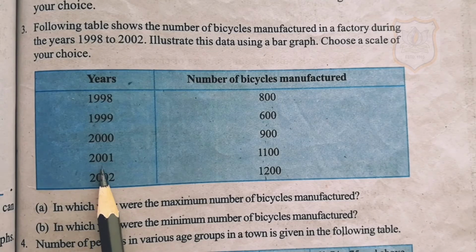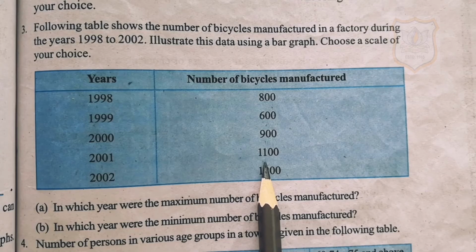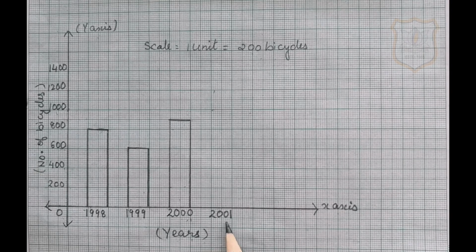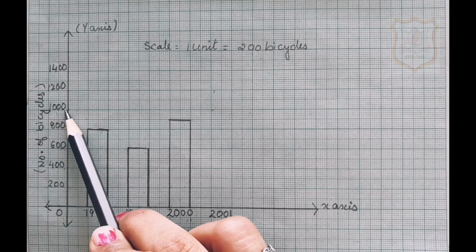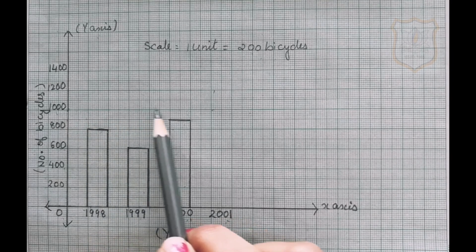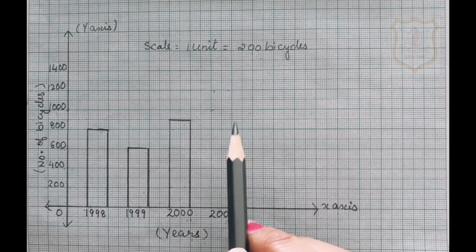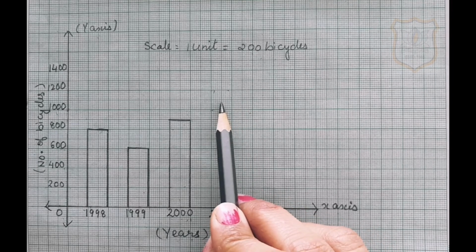In the year 2001, 1100 bicycles were manufactured. Now in the year 2001, 1100 bicycles were manufactured. So students, here you can see that this much is 1000 and this much is 1200. As I've explained earlier, this one unit is divided into 20 equal parts.